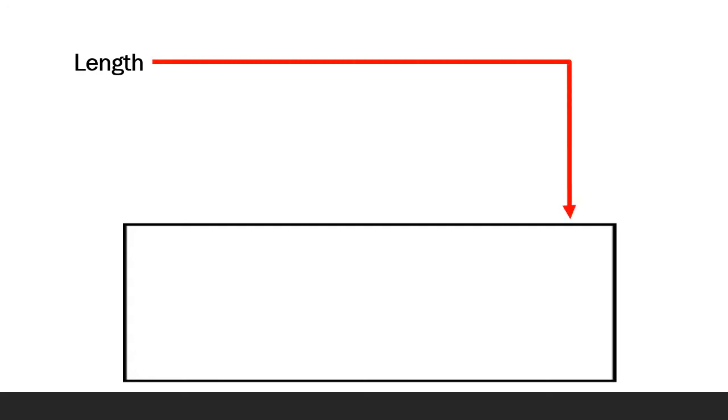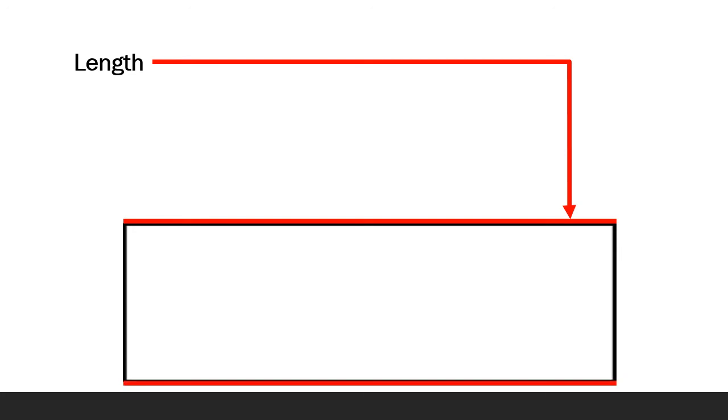So let's use a rectangle as our example. A shape has dimensions. The dimensions of a shape: we have what we call the length. The length is what we can see as the longest side of the rectangle, of the shape.